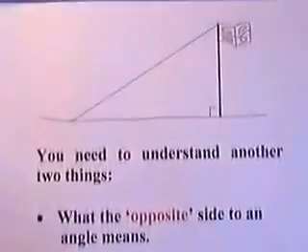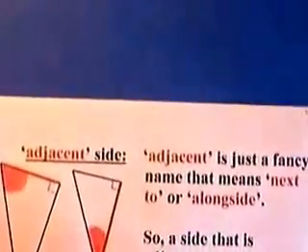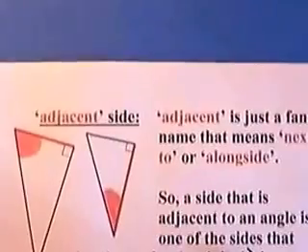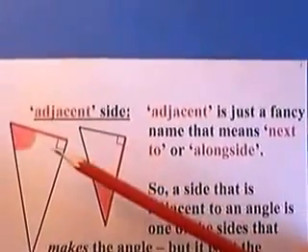Okay? What about the word adjacent? Now the word adjacent is just a technical or a fancy name that really means next to or alongside, and I'll show you what that means with reference to these 2 angles here.